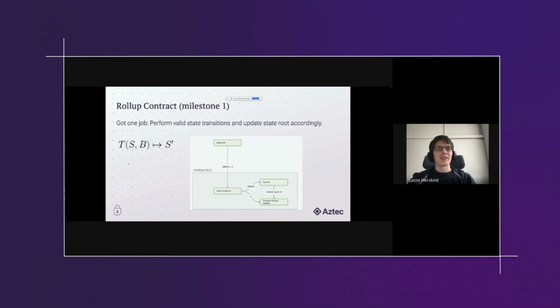Mostly the circuits, but essentially, as I pointed to before, a sequencer will be throwing this large blob of data and a proof to the Rollup, and the Rollup would then decode this into some more meaningful data that we can pass into the circuits.